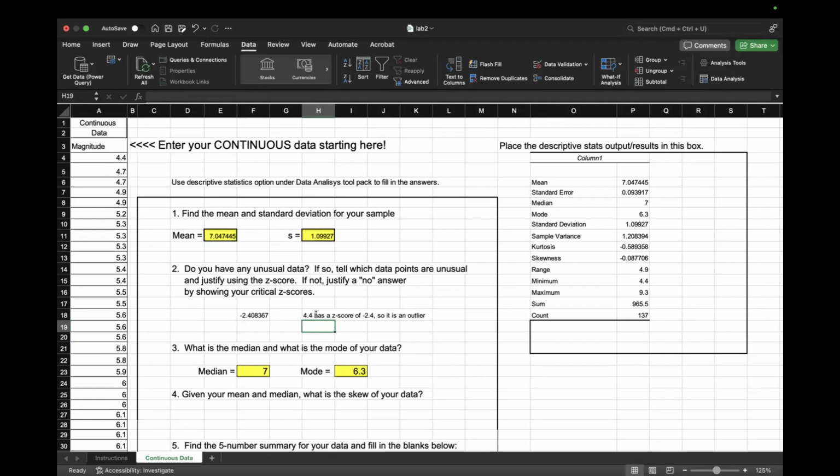Anyone else? Can you show me how to get this z-score using the tools one more time? Okay. So always hit equals. I put parentheses. I'm just going to pick any value. So pick a data value minus the mean. So I'm clicking on the mean.